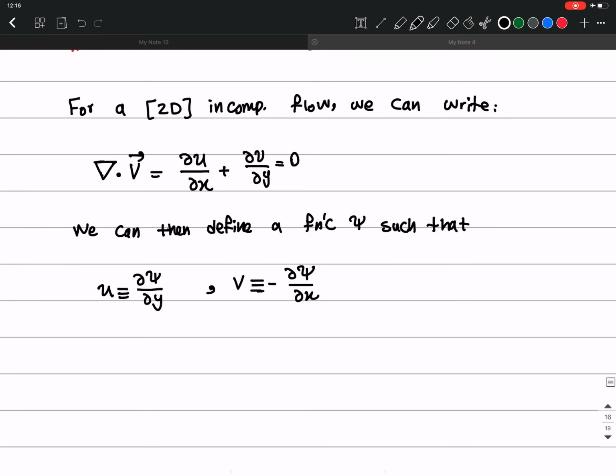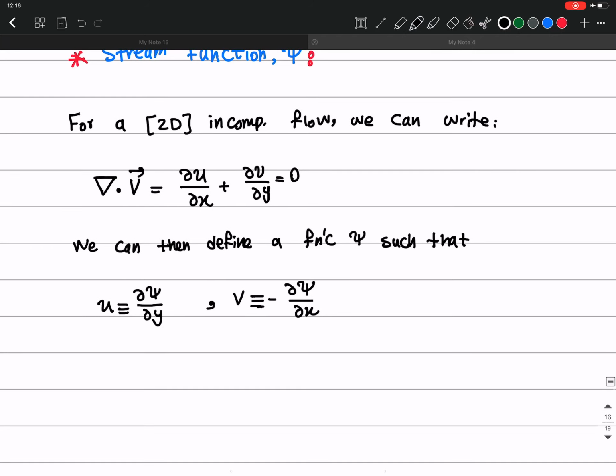So let's see how. So use continuity now. First we have partial over partial x of u, right? So instead of u, I'm going to write this from here. So I use partial psi over partial y.